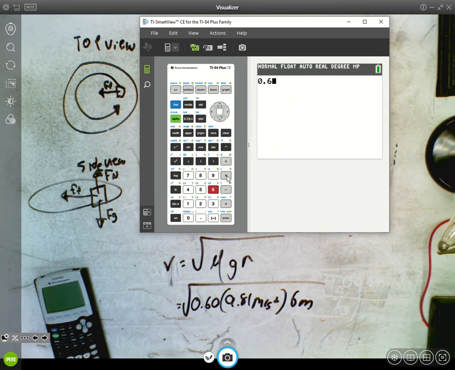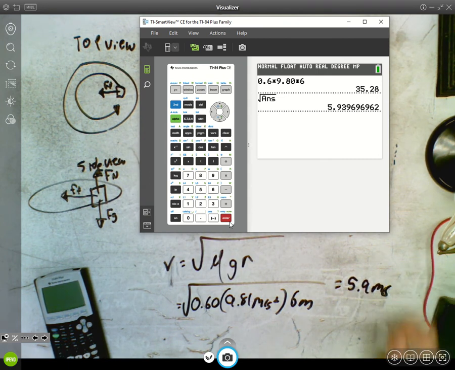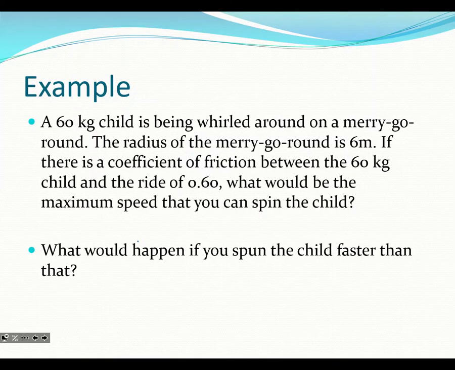So 0.6 times 9.81 times 6. And then I'll square root that. So the speed of my child at 2 sig digs is 5.9 meters per second.